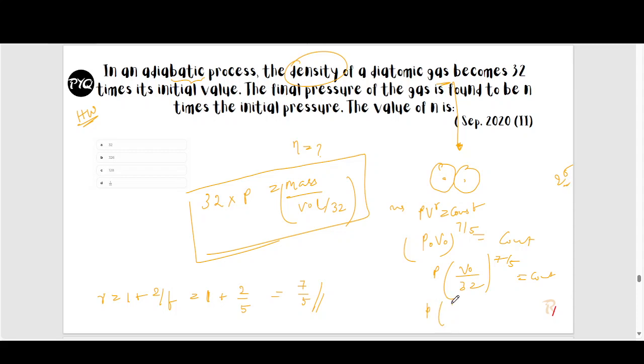P into V naught upon 2 to the power of 5, this can be cancelled, some value we can get as the answer. By this we can do.